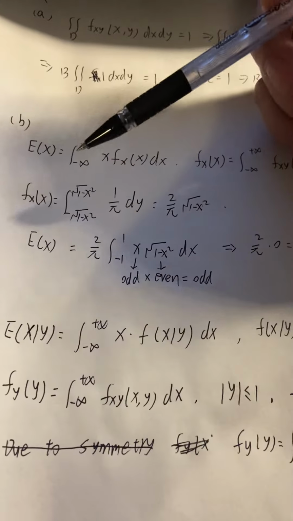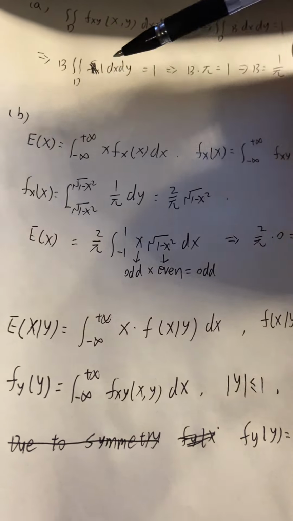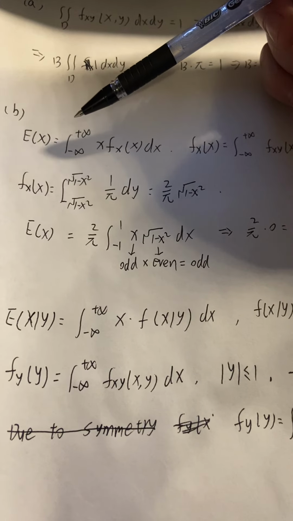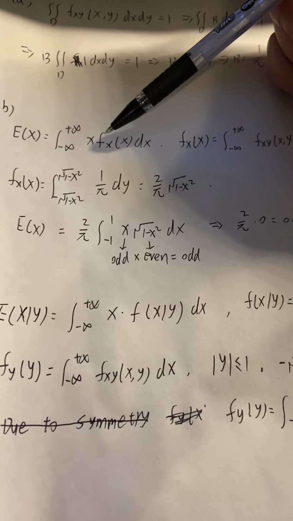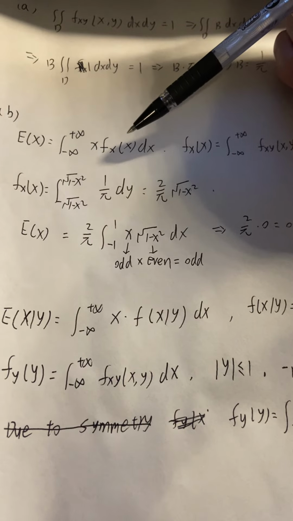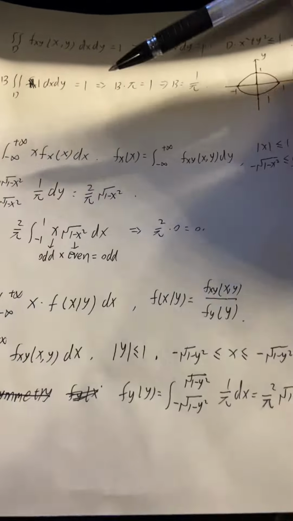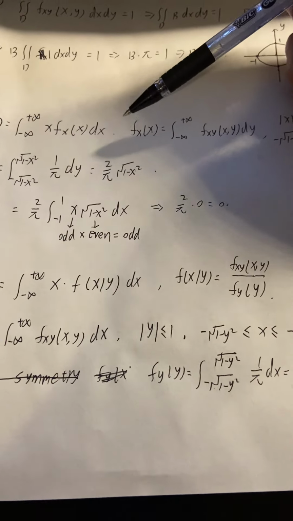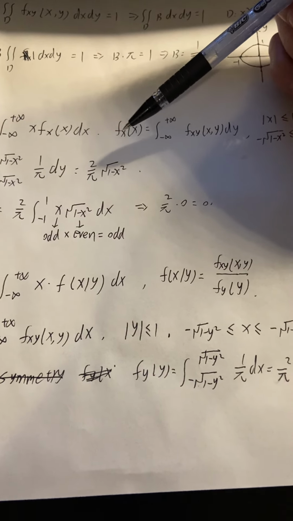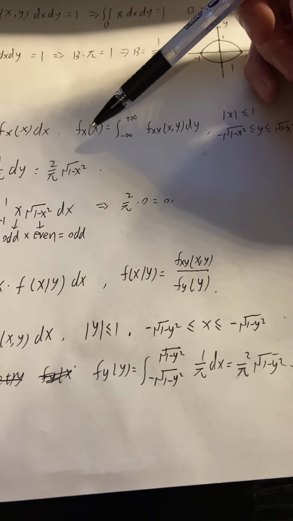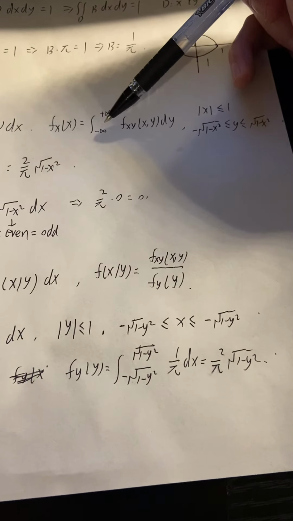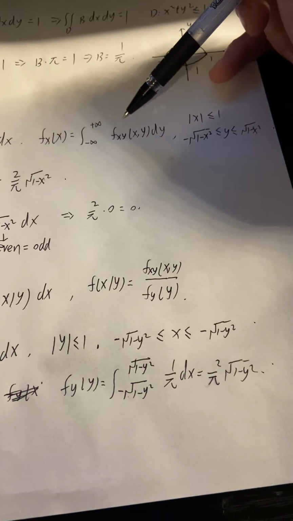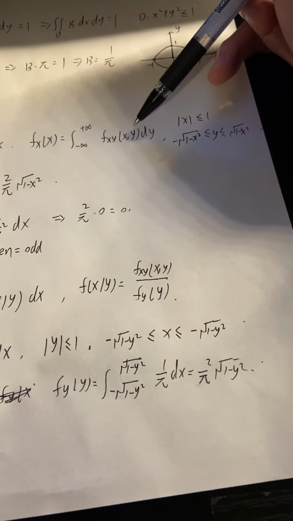At first, we calculate the E of X. We know E of X is the integral of x times the density function of x dx. We don't know the density function of x, so we need to calculate it first. The density function of x will be the integral of f_XY of x and y dy.